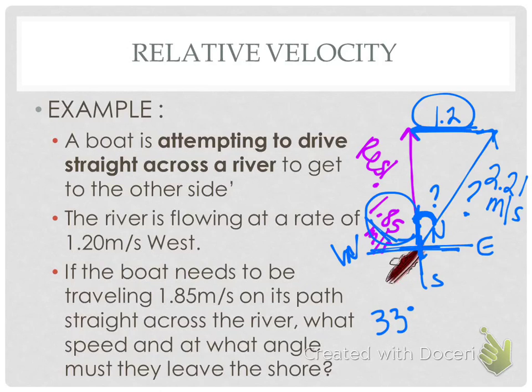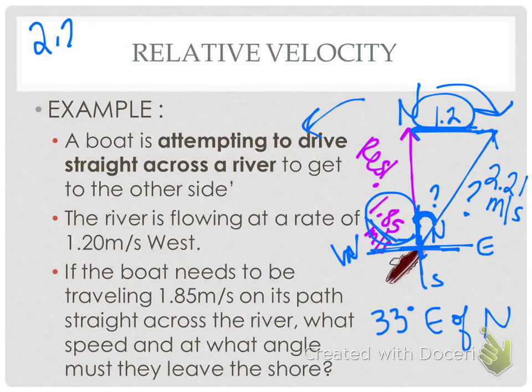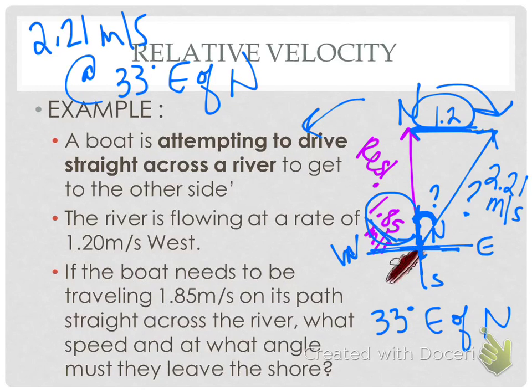What of what? East of north. There we go. East of north. Because it touches the north axis, then we decide, does it swing east of north or west of north? Okay. So our final answer here is 2.21 meters per second at 33 degrees east of north.